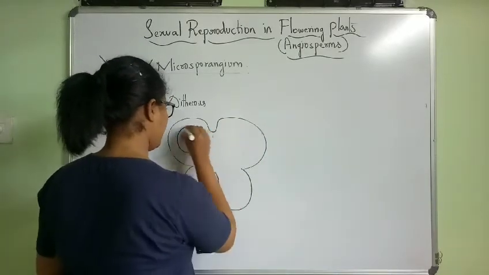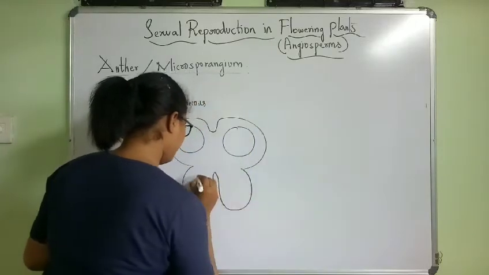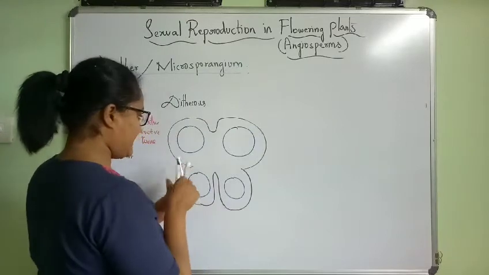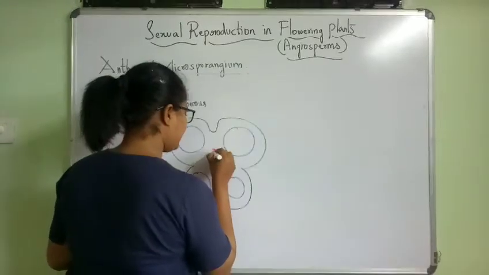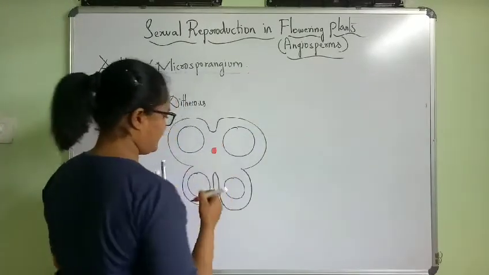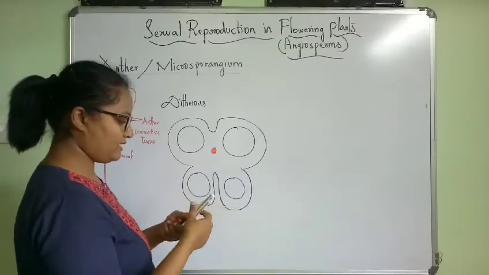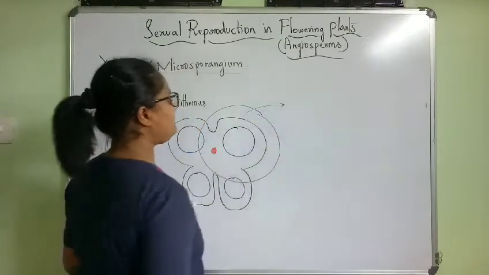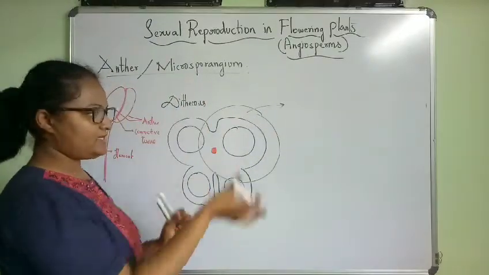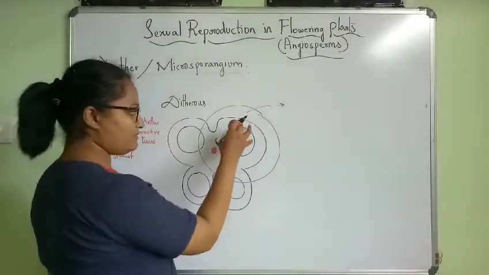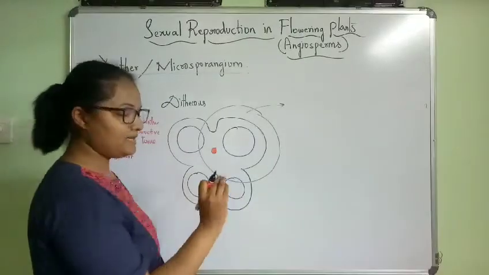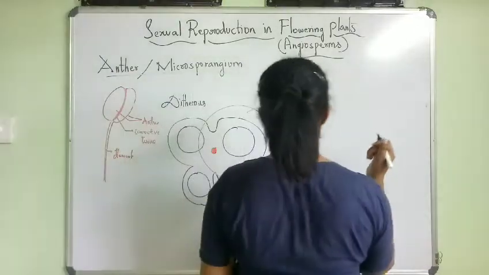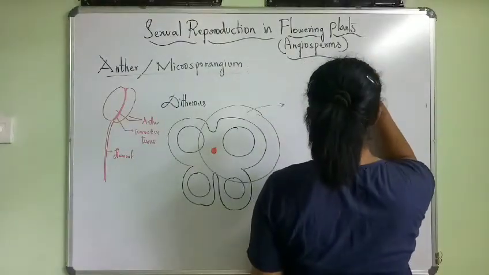As I said, it is made up of 4 microsporangia at the different corners, and this is our connective tissue where they connect the 2 lobes. So I'll focus on this portion and I'll draw here. What are the different internal structures of one microsporangium? There are the remaining 3 microsporangia. So I'll draw the structure.